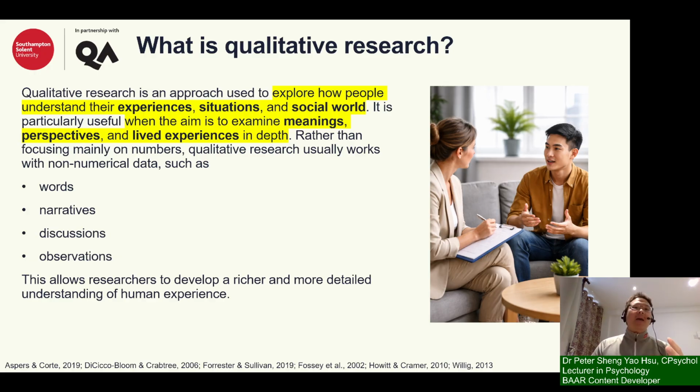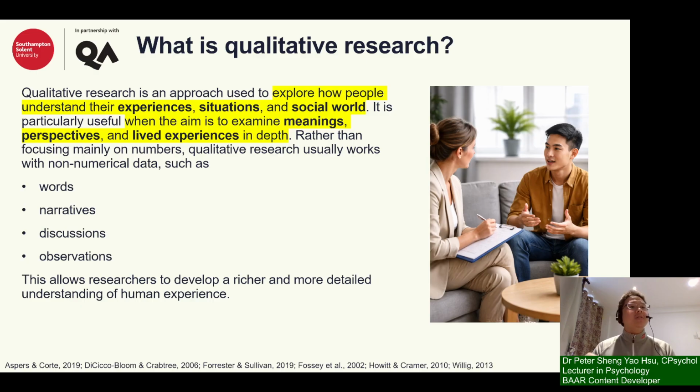For example, imagine we are interested in mature students' experiences of returning to higher education while also managing work and family responsibilities. Quantitative researchers might ask students to complete a questionnaire and rate their stress or confidence from 1 to 10. That would give us numerical data.